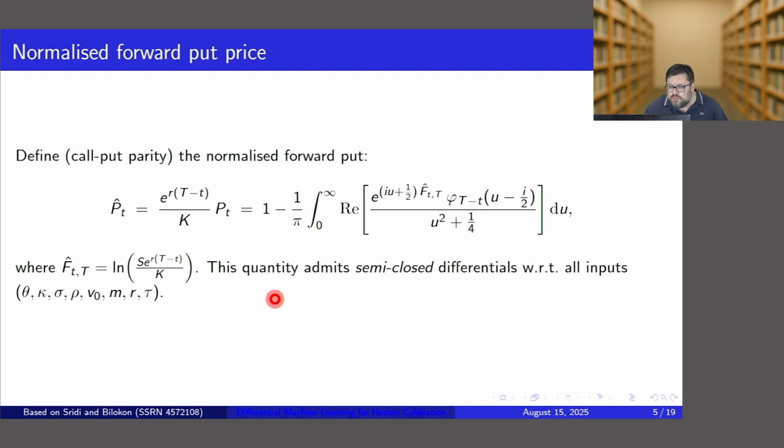First, by working with the normalized forward, we get labels in a tighter, more stable numerical range, which is ideal for regression. And the second practical point is that this quantity admits semi-closed differentials with respect to all model inputs we care about, which are, of course, theta, kappa, sigma, rho, v0, m, r, and tau. That's the gateway that lets us compute target gradients efficiently for the differential loss.